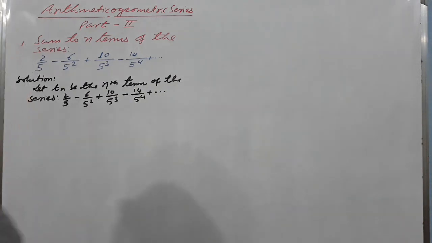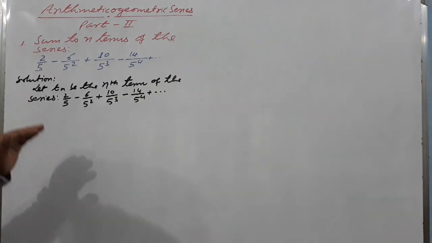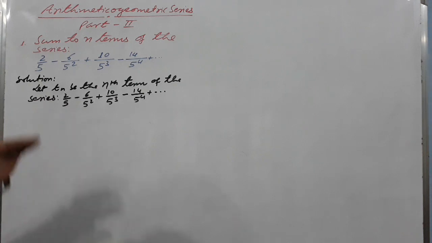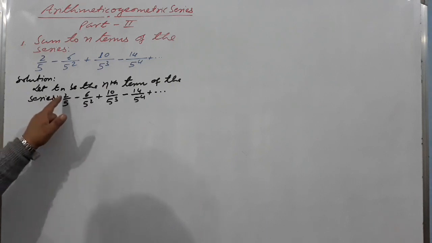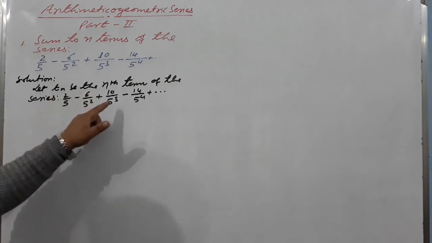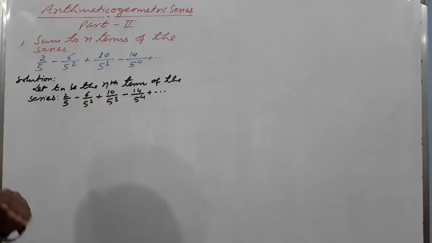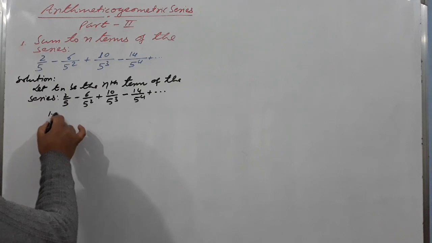dot dot dot. If you see this question directly, you are not going to find it as an Arithmetico-Geometric Series. You can read it this way: 2 minus 6, then plus 10, minus 14 in the numerator, then you are not going to get it, right? So let's modify this a little bit.